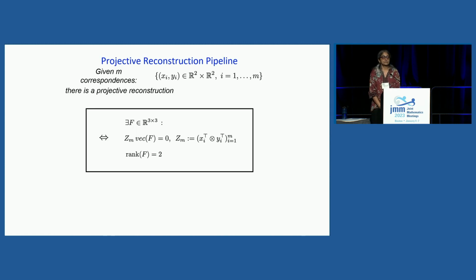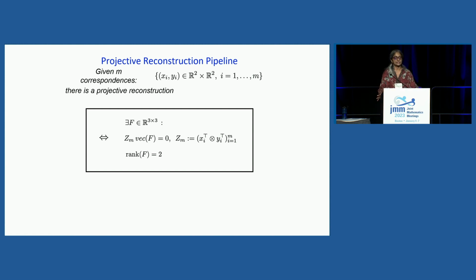Right, so now let's come to the projective reconstruction pipeline. So I again have my M correspondences, and the reconstruction exists if and only if what I said on the previous slide works. That means there must exist an F, 3 by 3, real, rank 2, and it must satisfy the epipolar equations for all M correspondences. Okay? So the previous slide, we saw one epipolar equation for one correspondence. Now I have M correspondences.